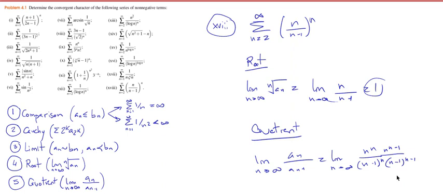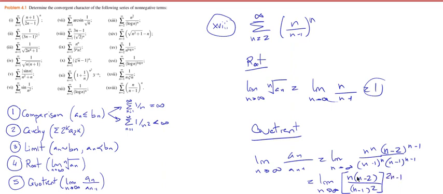Sorry, this is n minus 2 to the n minus 1. And if you do this, what you have is n times n minus 2 divided by n minus 1 squared, all of this to the 2n minus 1.